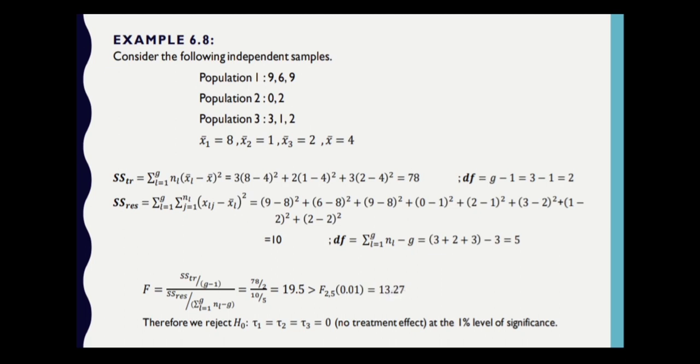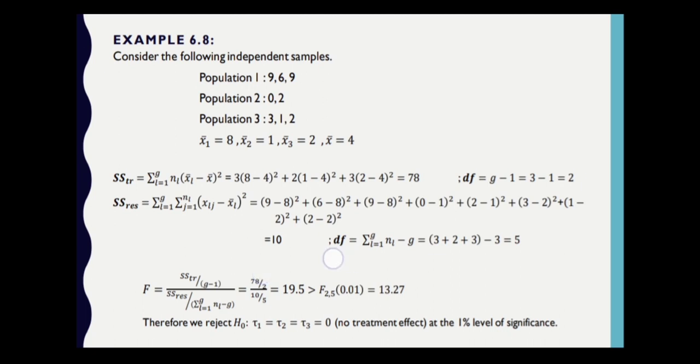So from here we can see that F statistic more than the value of 13.27. So kita reject H-naught. So kita akan reject this hypothesis testing, ataupun you boleh gunakan p-value pun boleh. So what we can conclude from here, there is no treatment effect, ataupun you can say that there is no significant difference of the variable among 3 population ataupun 3 treatment.